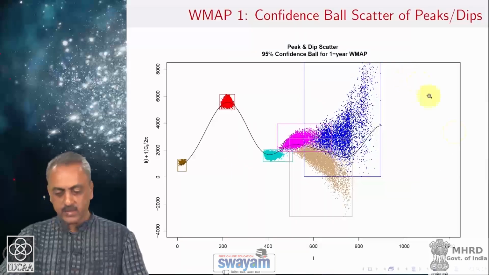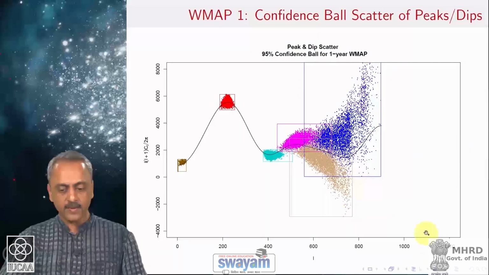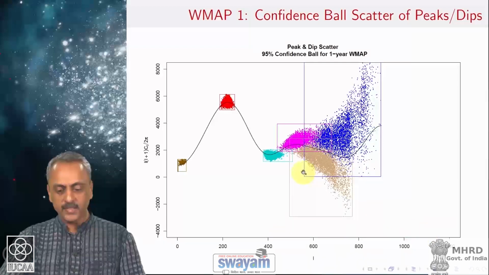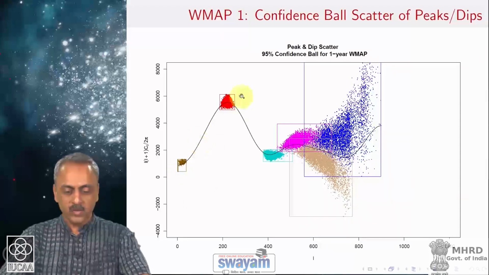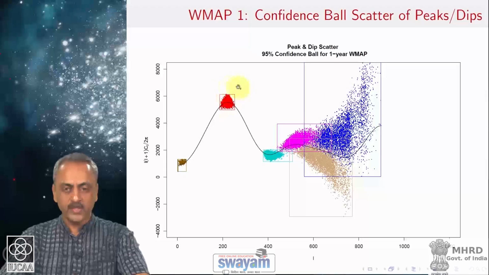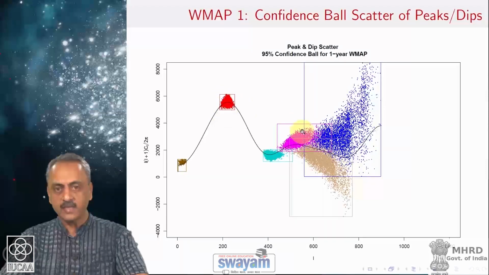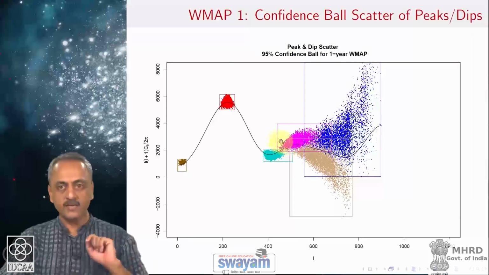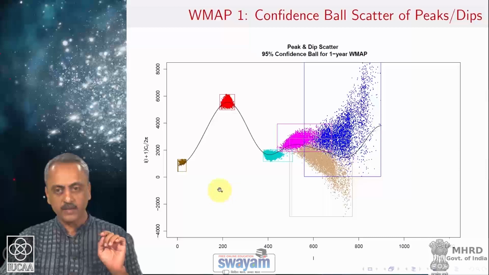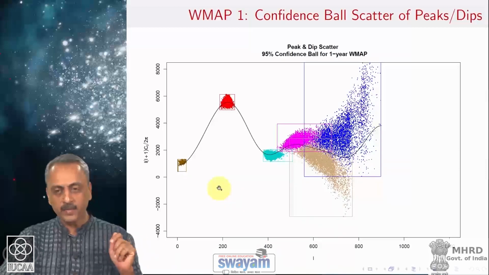Okay, going back to uncertainties, if you take the first year WMAP data, this is the picture that one gets. These are uncertainties both on peaks and the dips in the power spectrum. So, the first peak, as we saw from the data itself, was pretty well determined, and each of these points in this scatter represents one peak location, peak height in one of the variations that one visits inside the confidence set.